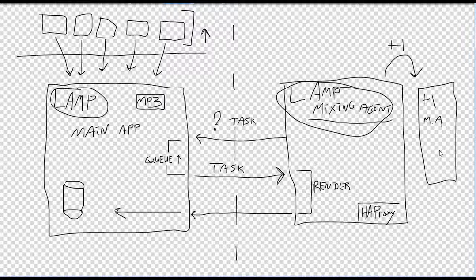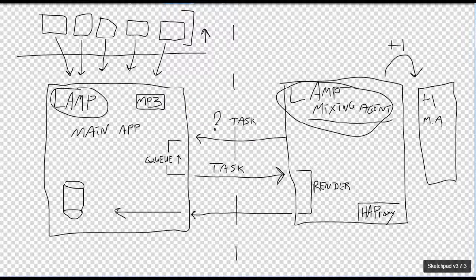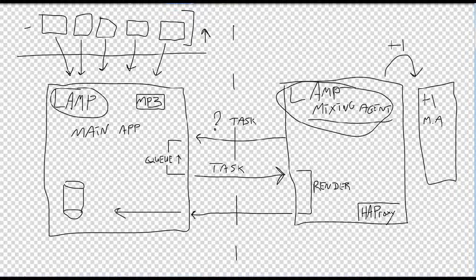So how does it do that? How will it create? How does it know when to do so? Okay, so here we have the high availability proxy, and it runs only on the first agent.